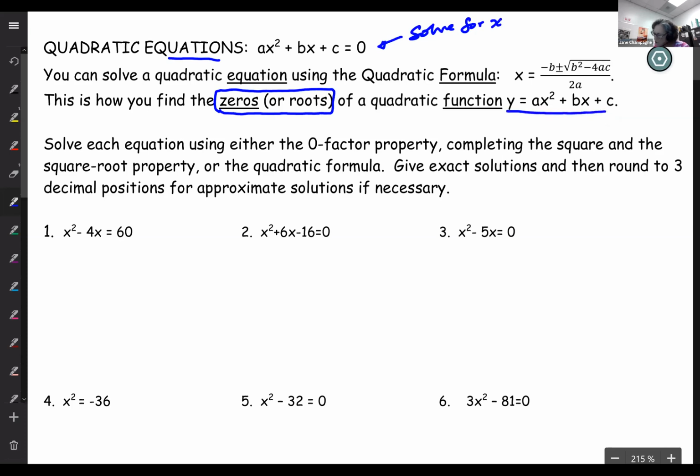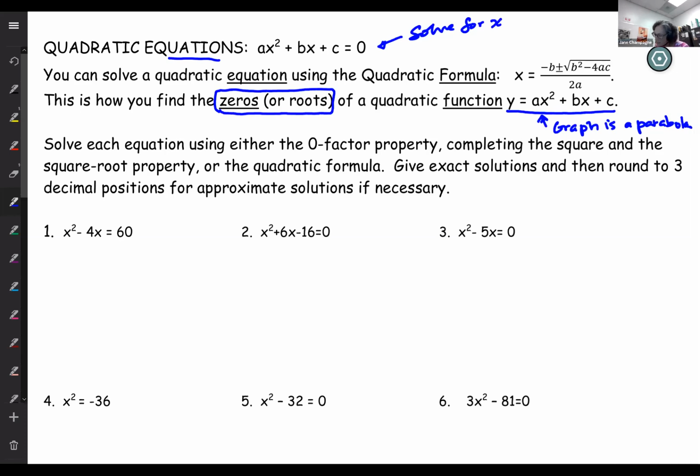But then here we've got a quadratic function which gives a relationship between x and y that you can graph on the coordinate plane, and the graph is always going to be a parabola because it's really just a variation of the squaring function. And you can write y equals ax squared plus bx plus c.